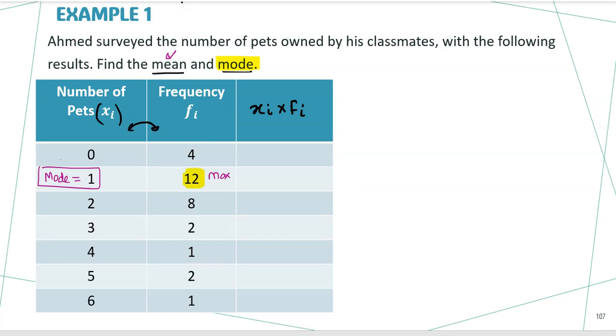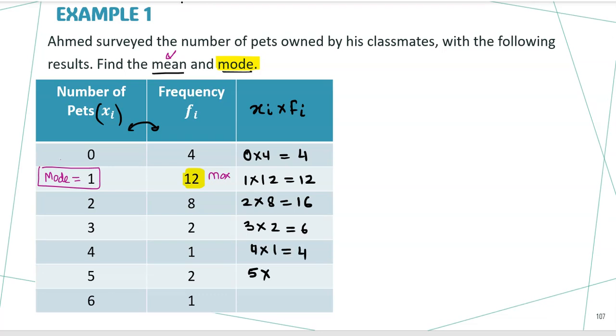So what we get here: 0 times 4 is 0, 1 times 12 is 12, 2 times 8 is 16, 3 times 2 is 6. We are basically multiplying these numbers. 4 times 1 is 4, 5 times 2 is 10, and 6 times 1 is 6.